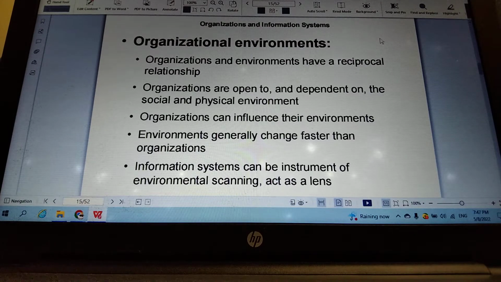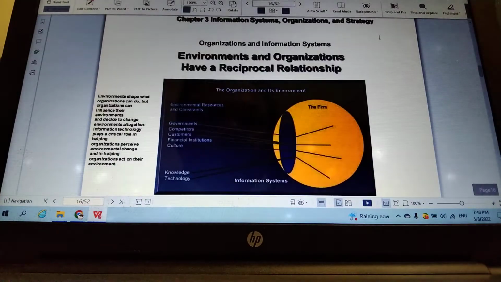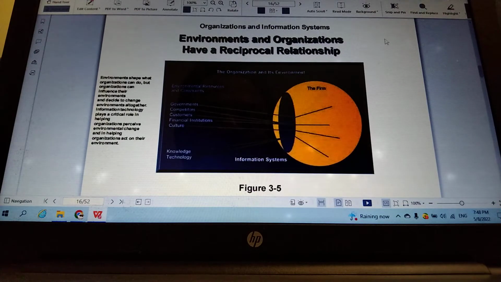That's the reason why we have what we call the digital boom, digital platforms, social media, and so on. And it is becoming very common, part of the modern organization compared to those days.